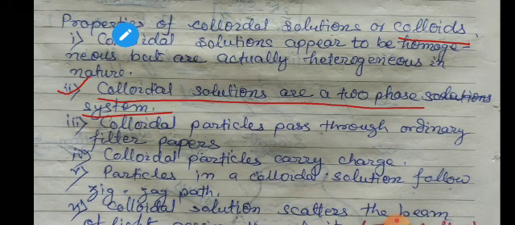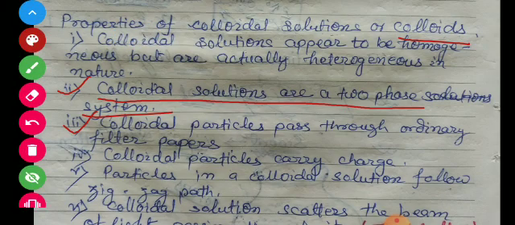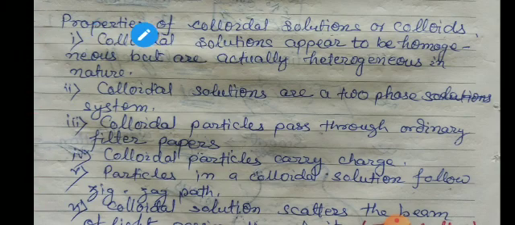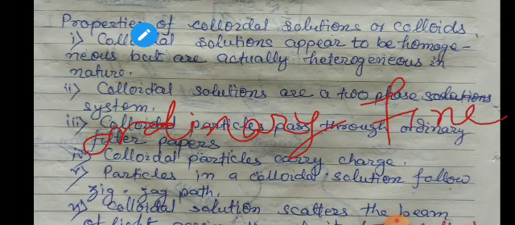Now the third property: colloidal particles pass through ordinary filter paper. Filter papers are of two types, ordinary filter paper and fine filter paper. In ordinary filter paper the holes are larger or wider than the holes in fine filter paper.